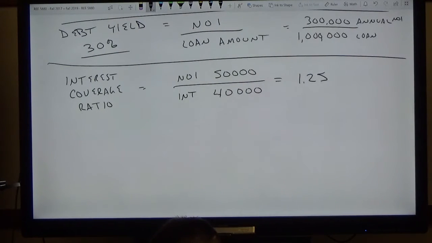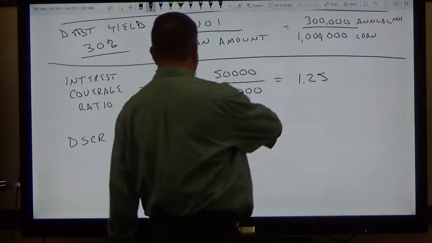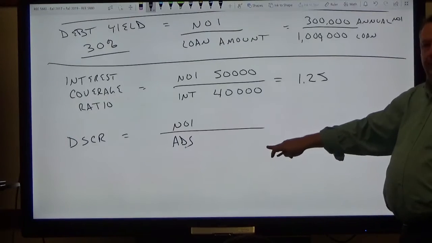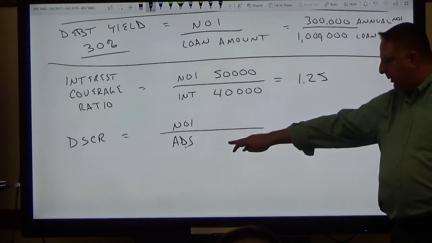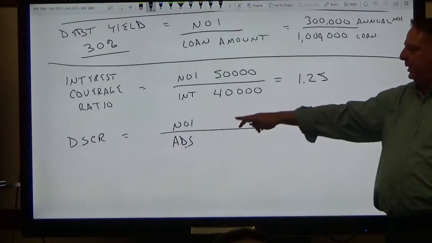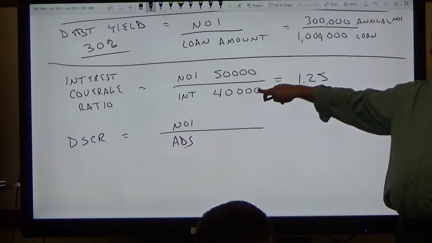So once again, this is not that different from the debt service coverage ratio, which is the one that we have been using all along: net operating income divided by annual debt service. So how is this one different than this one? This one includes principal and interest. This one only includes interest.